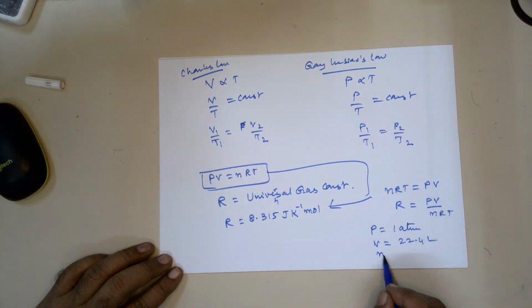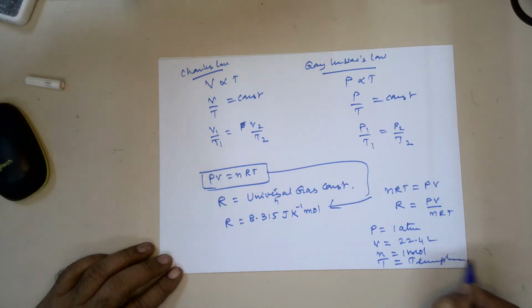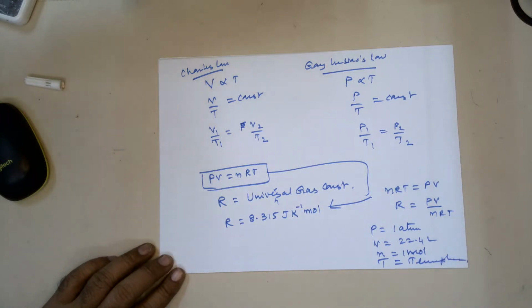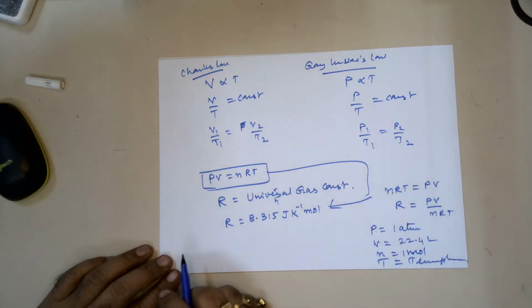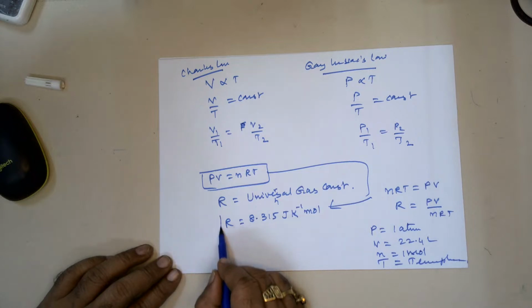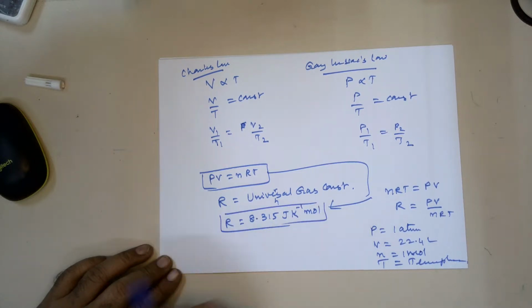And n, the number of moles, let us say 1 mole. And T is the temperature in Kelvin. So in that case, by substituting the values, you are able to get R is equal to 8.315 joule per Kelvin per mole.